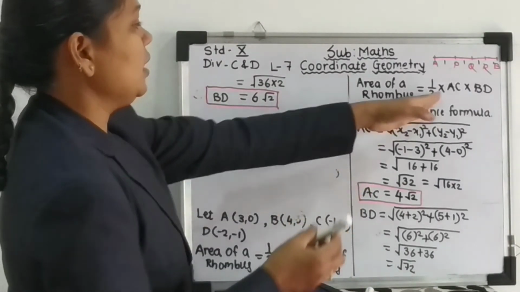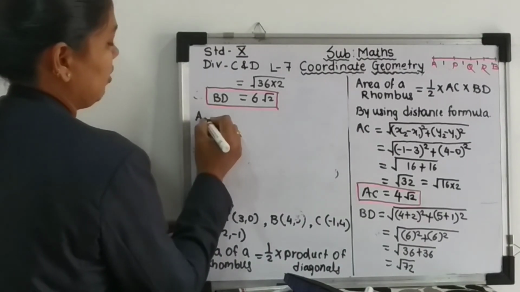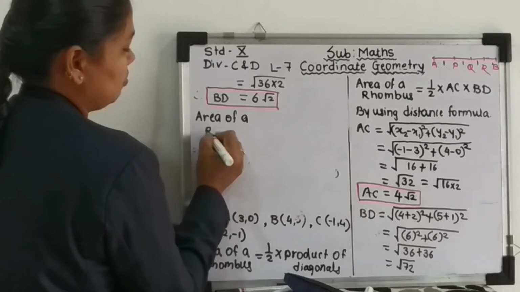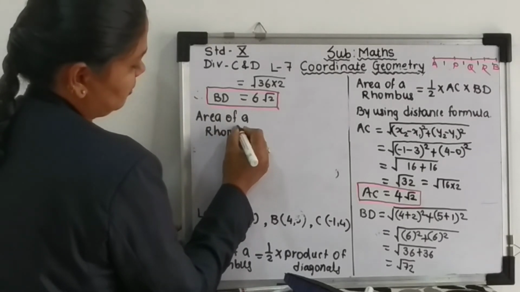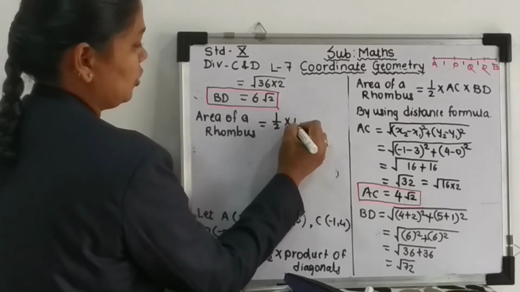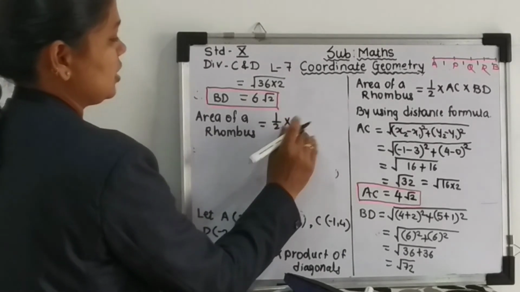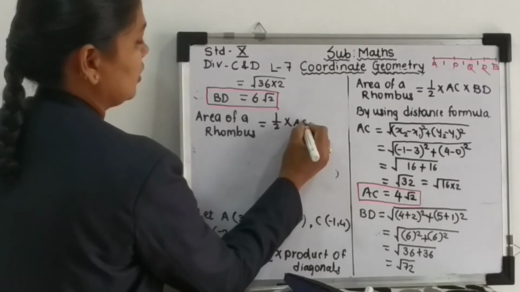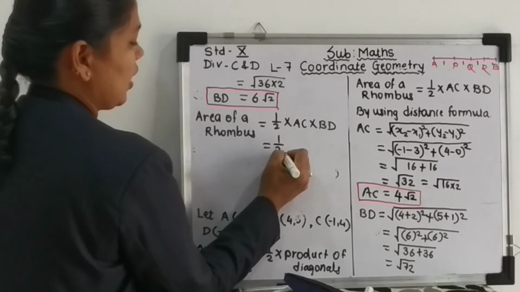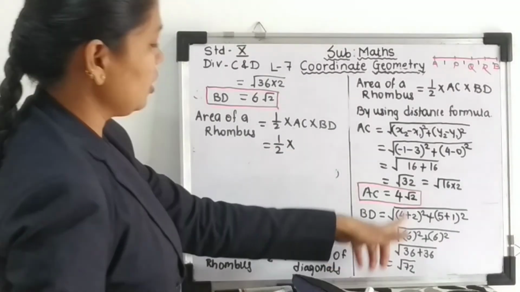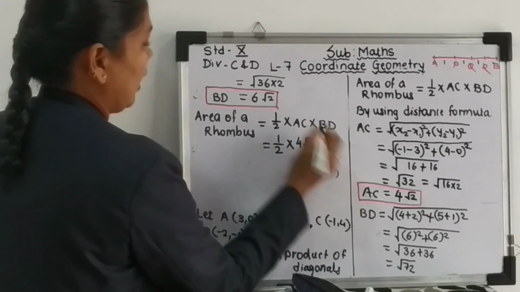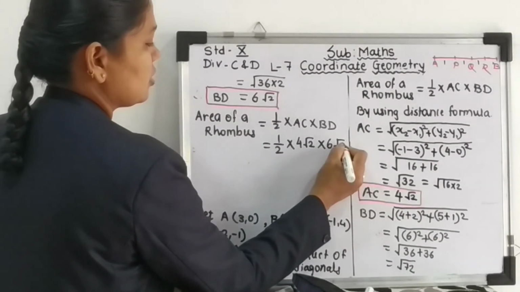Good. Now let us write the formula again. Therefore, area of a rhombus equals half into AC into BD. So let us put those values. AC we got 4 under root 2, and BD we got 6 root 2.